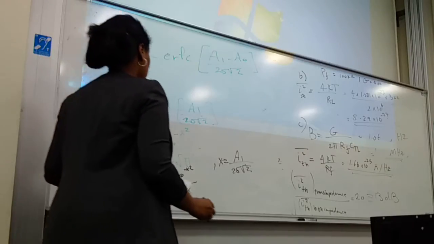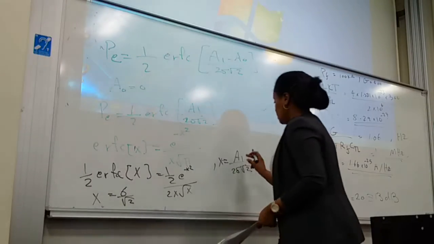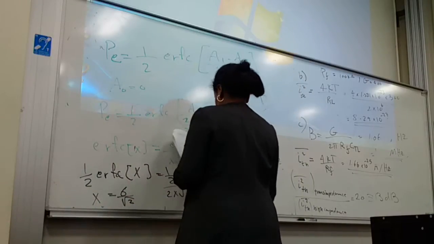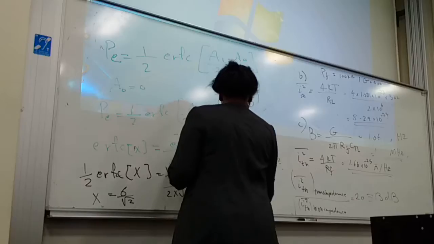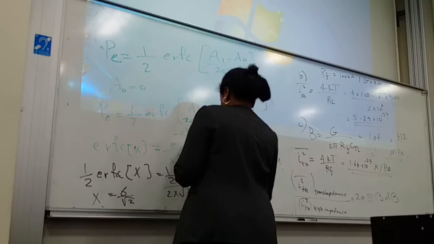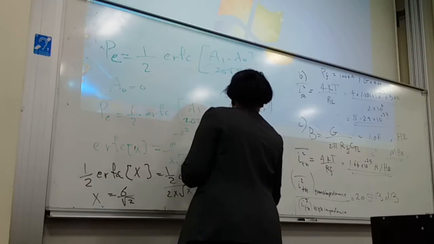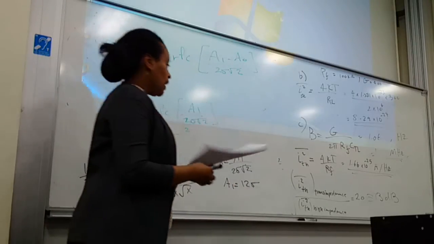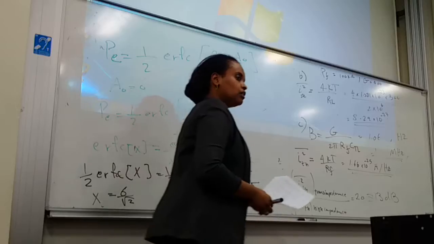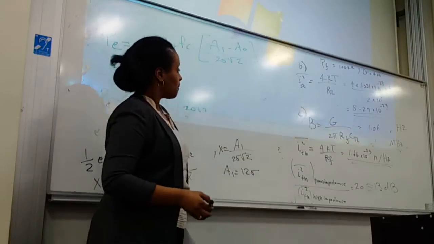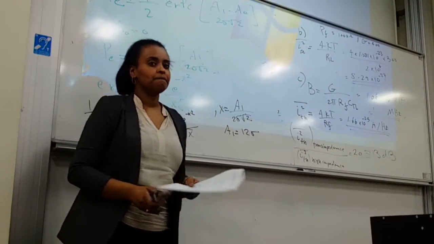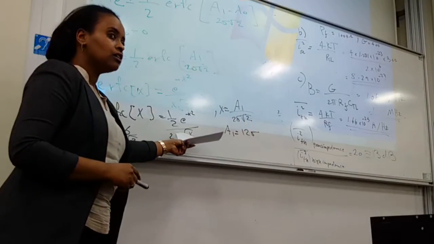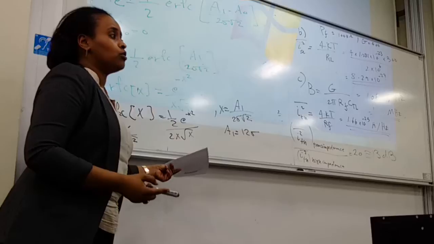And we said x is A1 over 2 sigma root 2, which will make A1 equal 12.